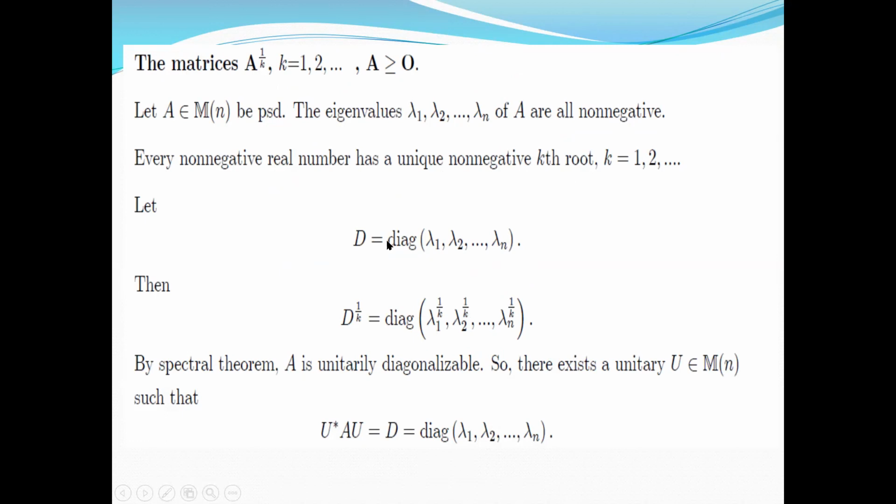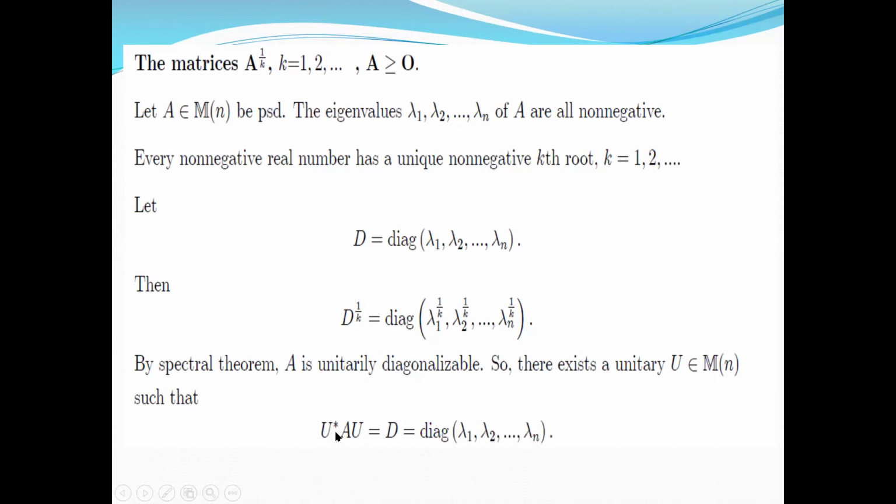So if we have this diagonal matrix D, then we define D to the power 1 by k as the diagonal matrix taking the kth root of each diagonal entry. This is the matrix D to the power 1 by k. Now, by the spectral theorem, A is unitarily diagonalizable, so U star AU is equal to D, this diagonal matrix.